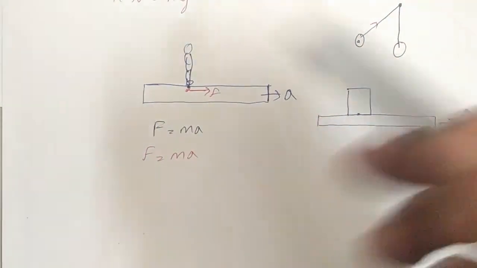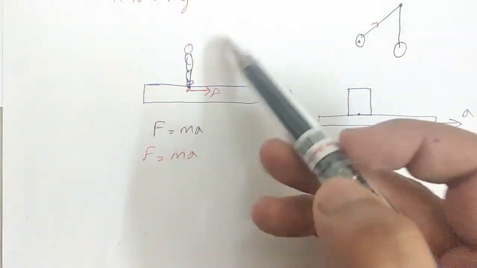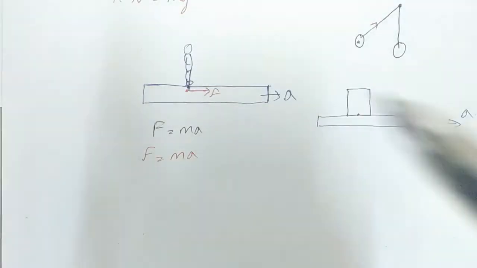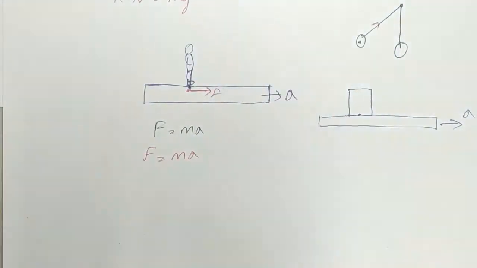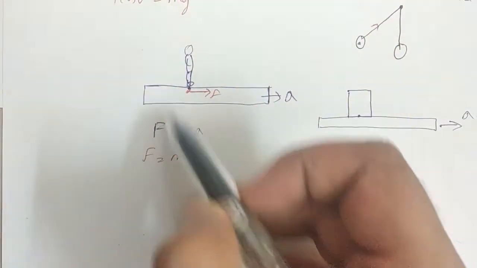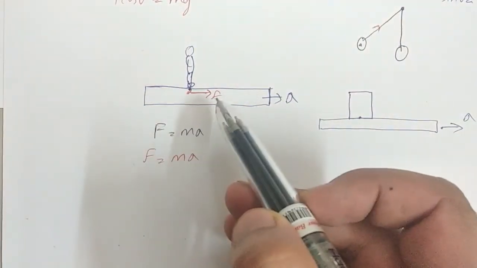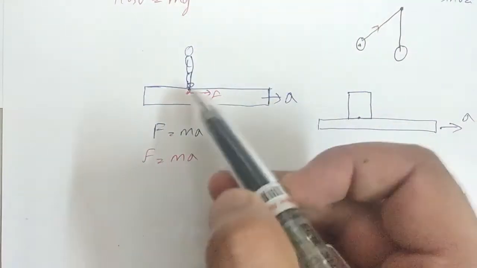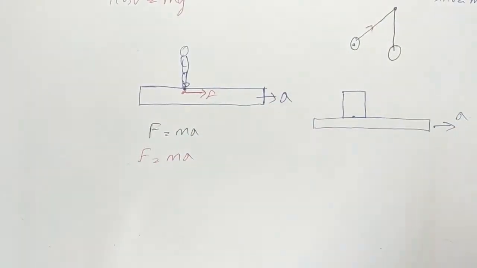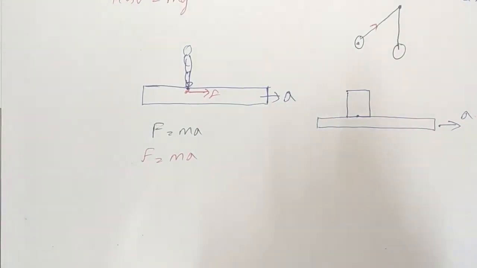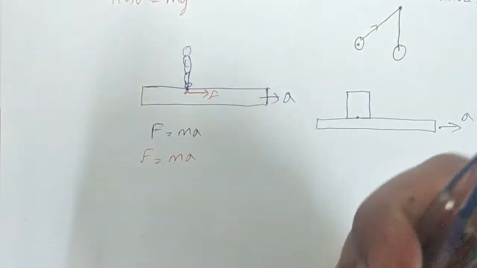But now we change the frame of reference. Now we take an observer who is inside the train himself. His frame of reference has now changed to a non-inertial frame of reference. In that situation, you cannot say that this friction is causing this person to move forward with an acceleration of a. To explain this condition, we need to introduce a pseudo force.